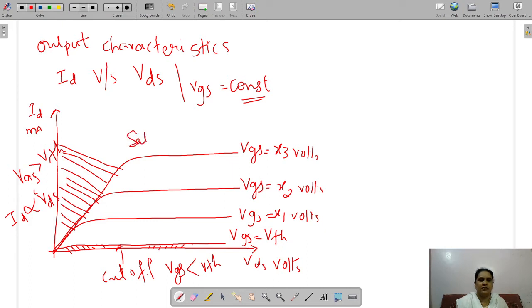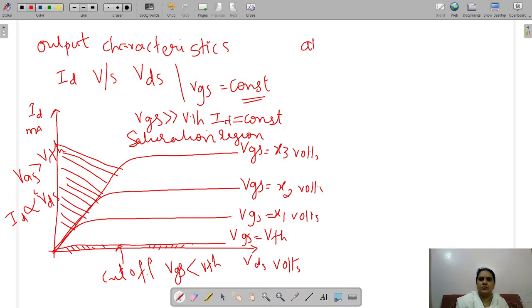Then we studied the third region, the saturation region, where the value of VGS is much greater than VTH and the drain current is constant. These are the output characteristics of the MOSFET, exhibiting different regions of operation.